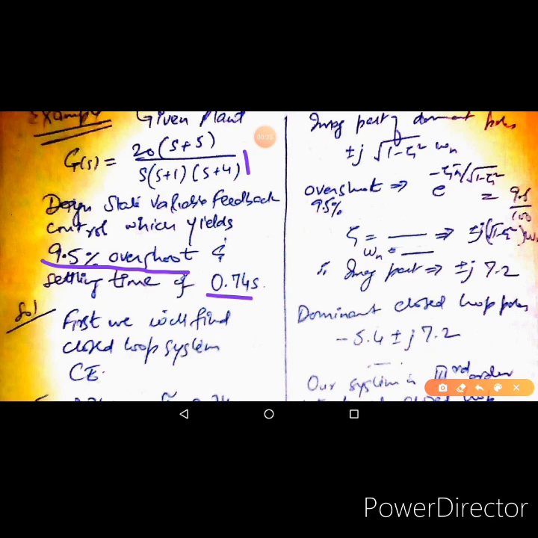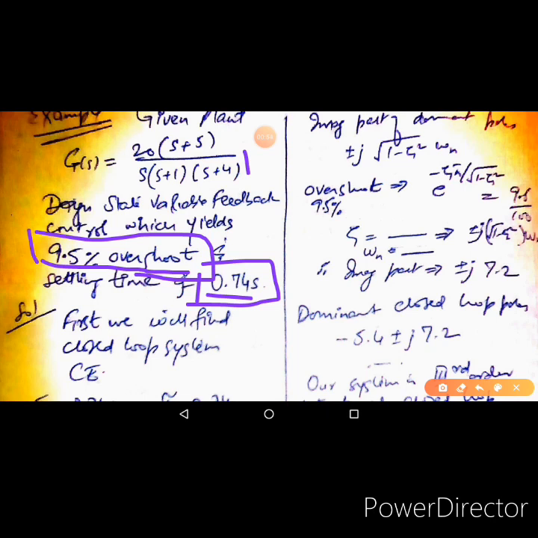If you remember the formula from chapter number 4 and lectures number 3 and 4, you can very easily understand that this overshoot means that you get the value of zeta from here, and you get the value of omega n from here.